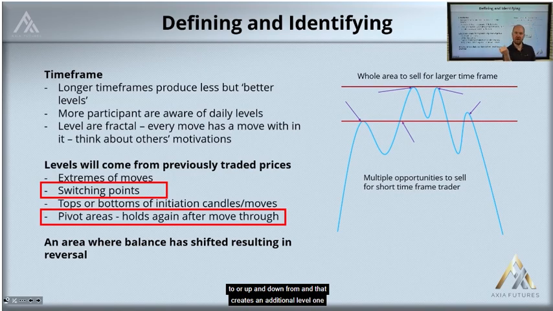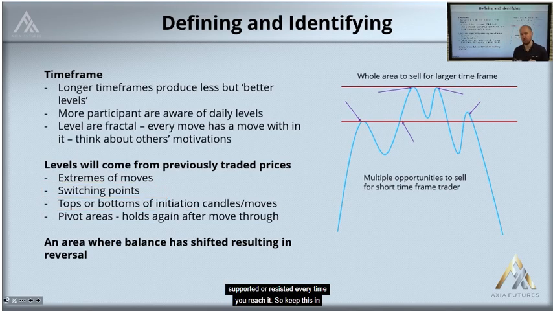And that creates an additional level, one that is generally not noticed so much, but is more a point that can be targeted as opposed to used as a point to play away from. Prime example of why you can't just look at a level and assume it is supportive or resistive every time you reach it.